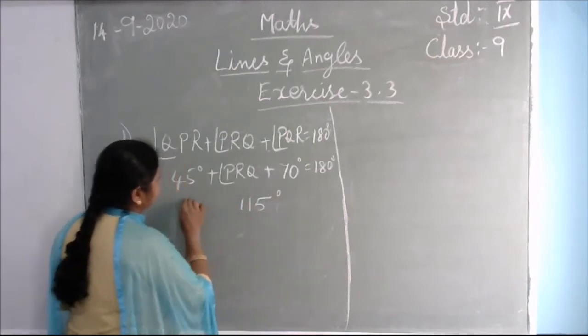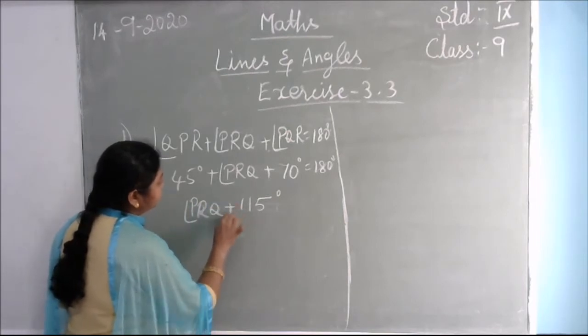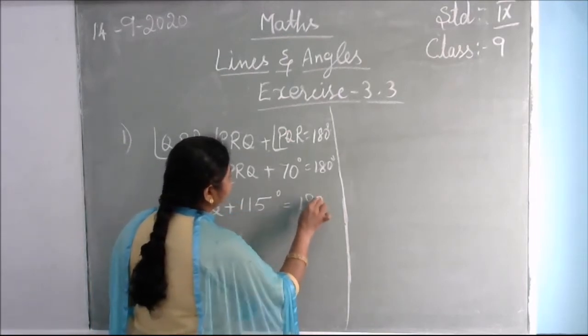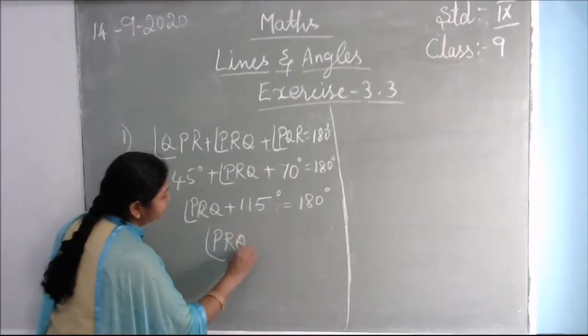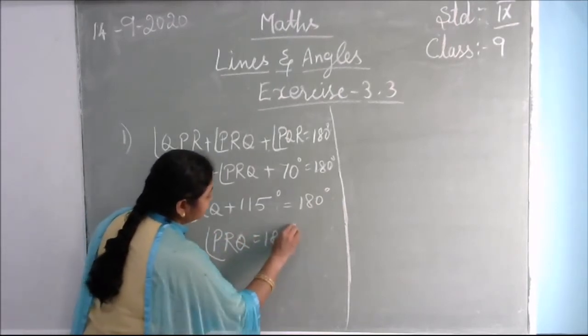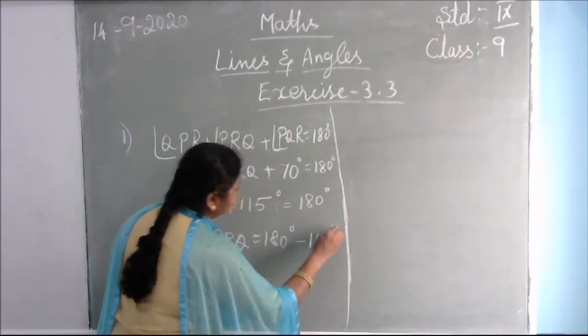115 degree. So angle PRQ plus 115 degree is equal to 180 degree. So angle PRQ is equal to 180 degree minus 115 degree.